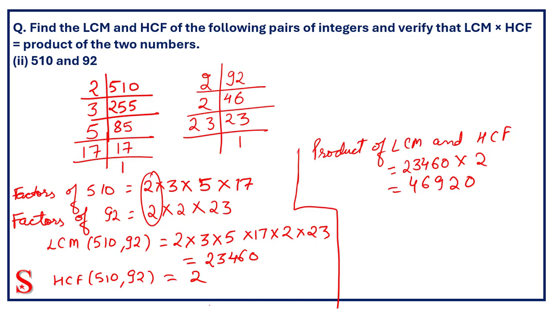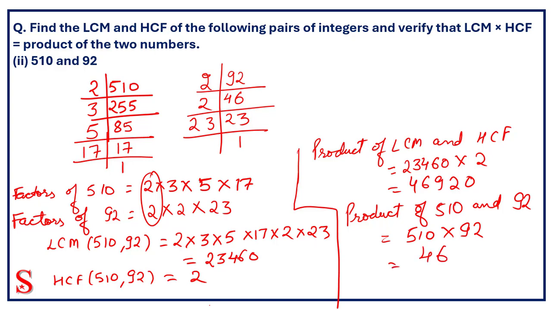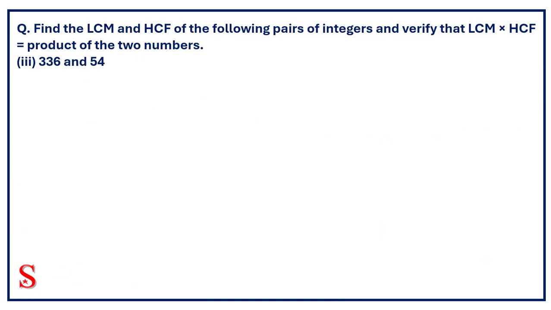And then we have to find out the product of the numbers given in the question, which is 510 and 92. So we have to multiply 510 with 92, which is 46,920, hence proved. Next question.